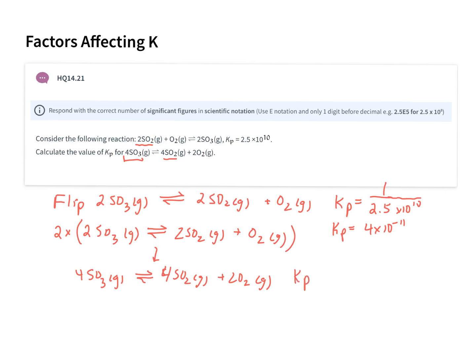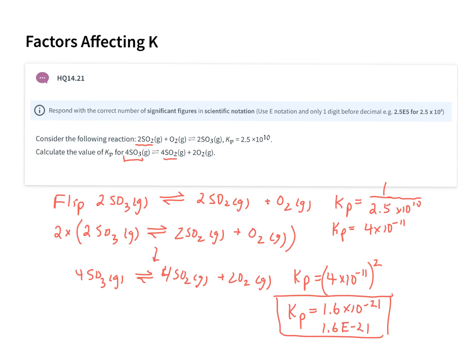So my final value of Kp would be 4 times 10 to the minus 11 squared, because if I multiply the entire reaction by 2, that's the same as squaring the equilibrium constant for that reaction. So the final equilibrium constant should be 1.6 times 10 to the minus 21, or 1.6 e to the negative 21.